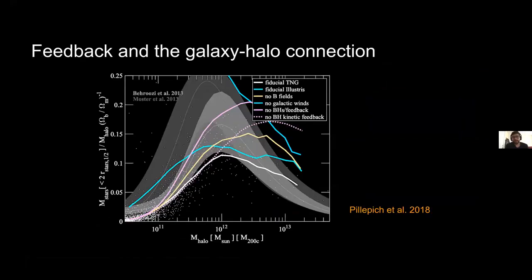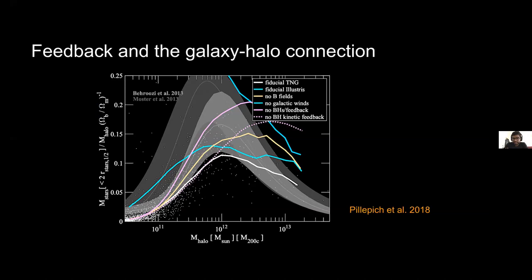But to understand how feedback is really affecting the galaxy-halo connection, there's a nice diagram in Annalisa Pillepich's paper introducing the IllustrisTNG simulations, which shows the stellar to halo mass ratio on the y-axis and the halo mass on the x-axis, with the gray contours showing observational constraints on this relationship.